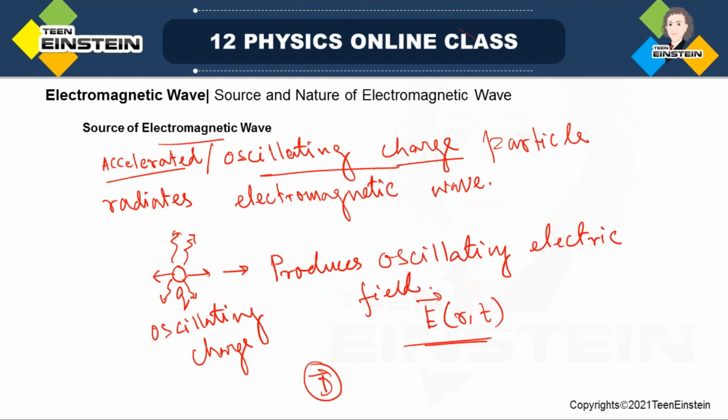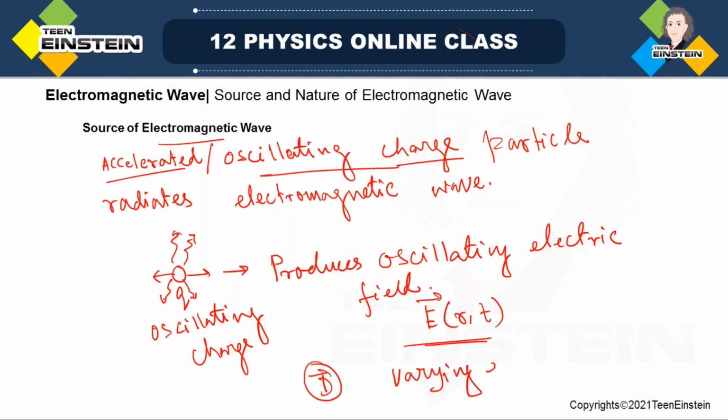See what happens when there is a charged particle which is accelerated or oscillating. Both are equivalent. It produces an electric field varying with time and space.